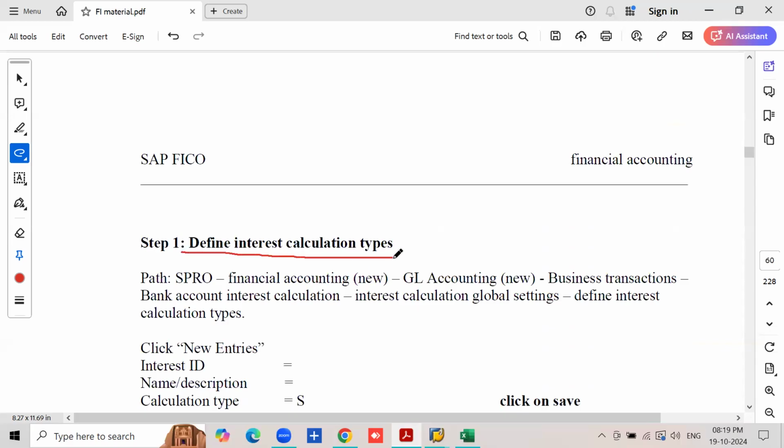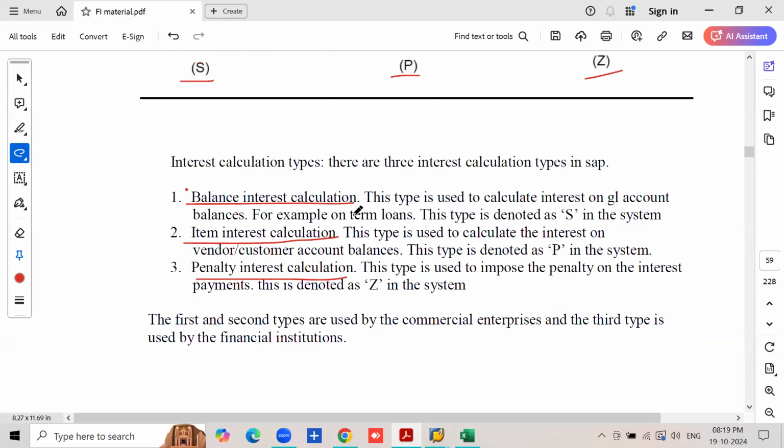Define interest calculation types. First of all, you have to define which type of interest calculation type you are going to configure.